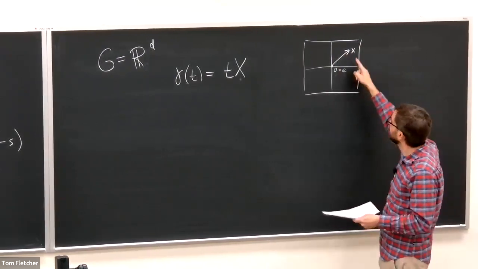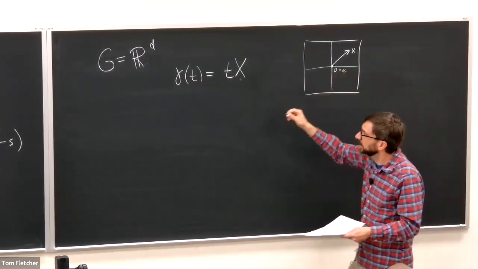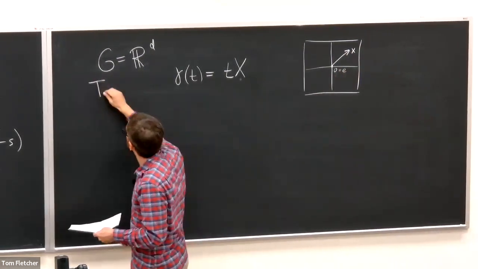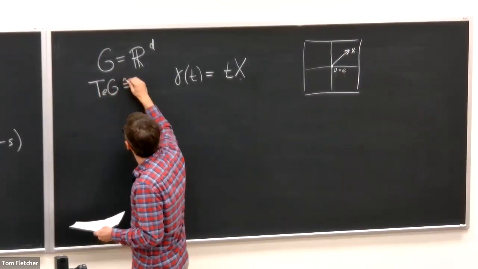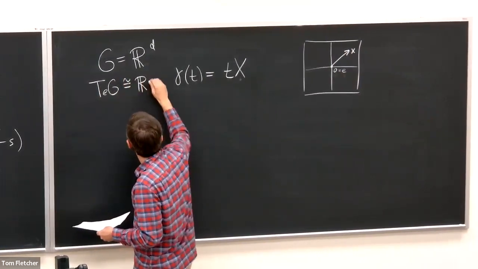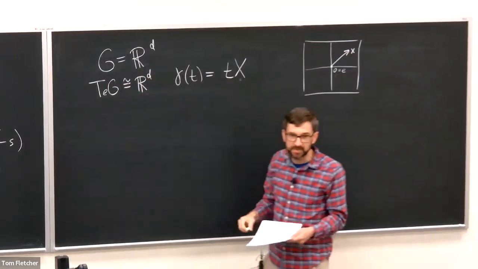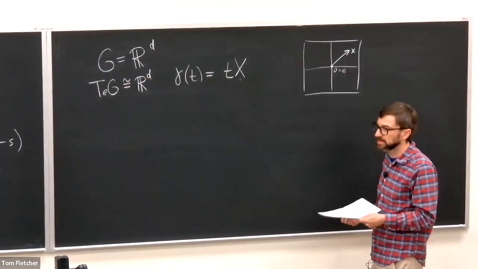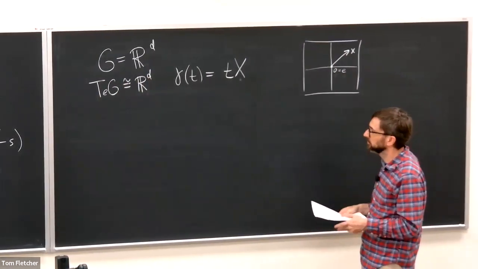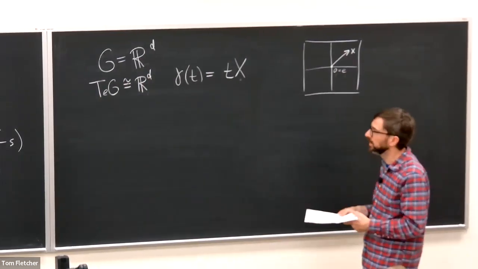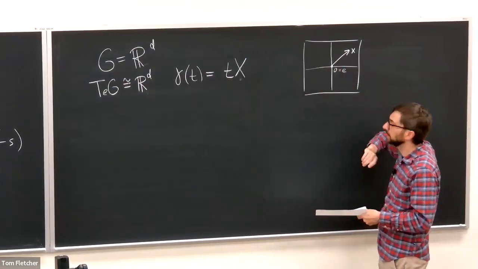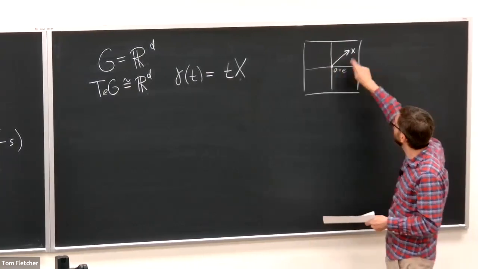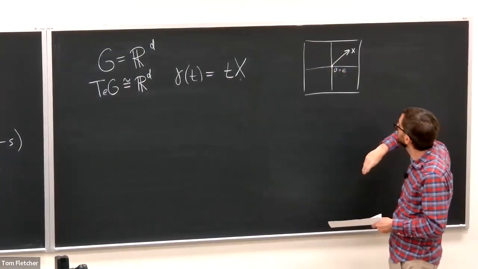I can think of T_E G, the tangent space, as equivalent for all intents and purposes to the same space R^D, or another copy of R^D, if you will. So X is a d-dimensional vector.